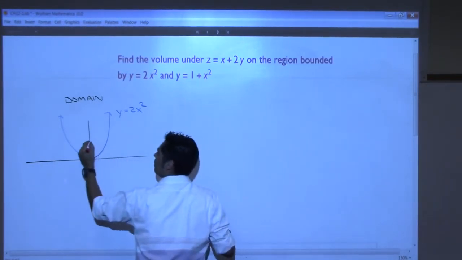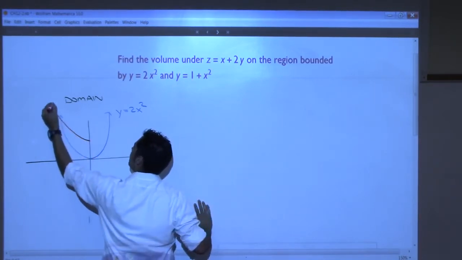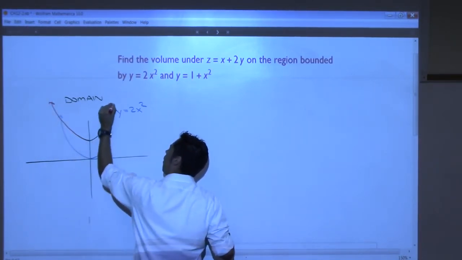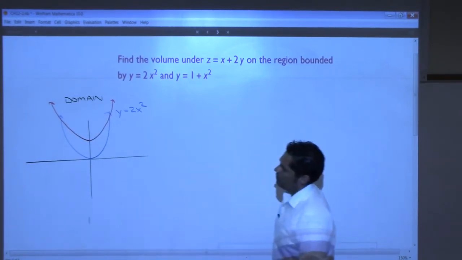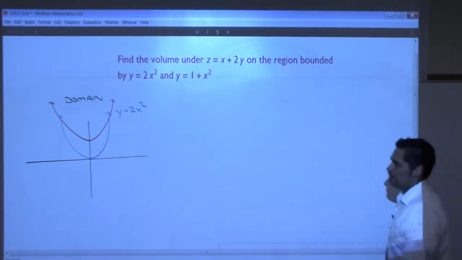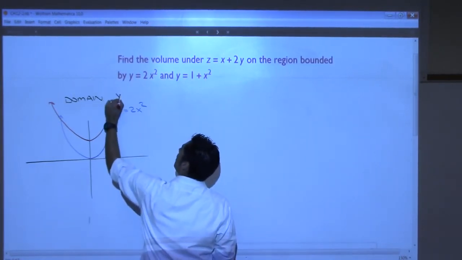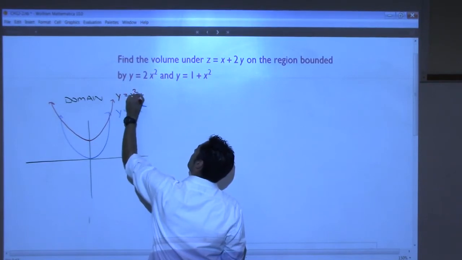So when I come here to 1, my parabola should go out like this and be wider. That is my region of integration. We okay with this? Yep. So that is y is x squared plus 1.